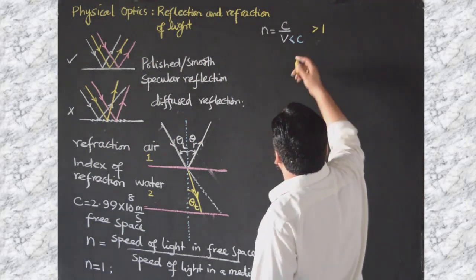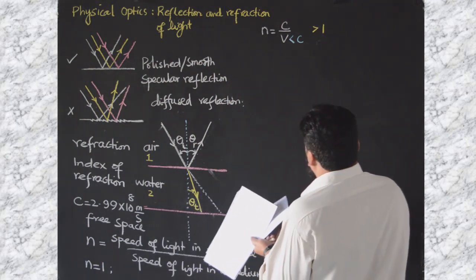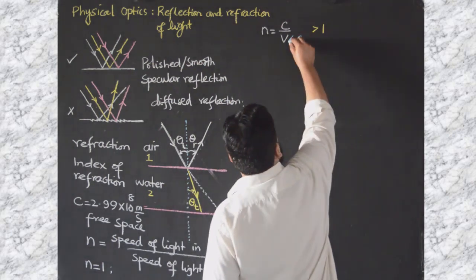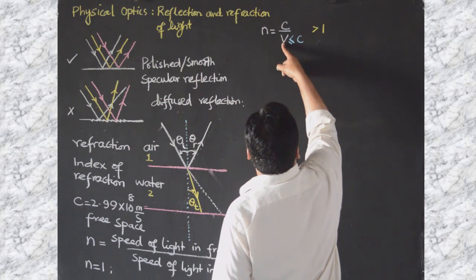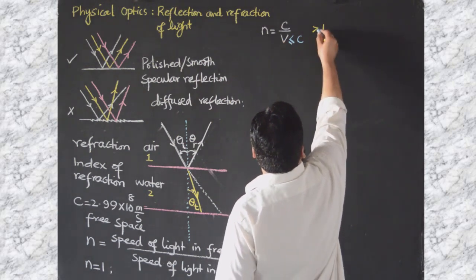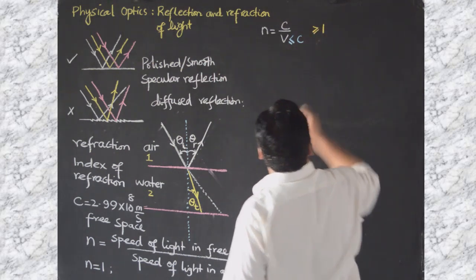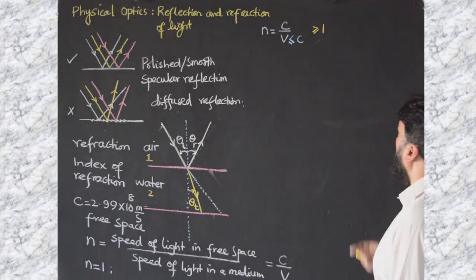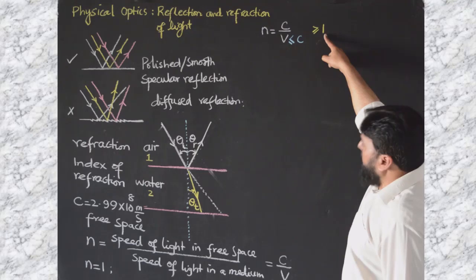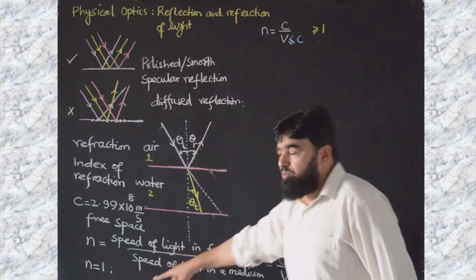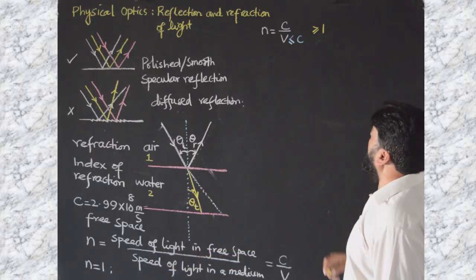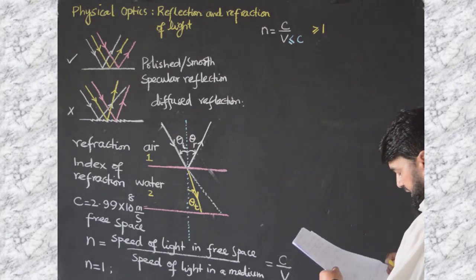So the n values will be greater than or equal to 1. When n is equal to 1, we have vacuum. When n is greater than 1, we have the other media.